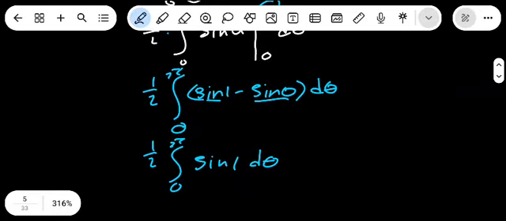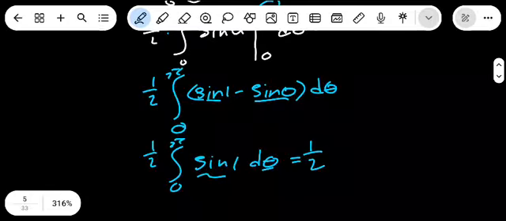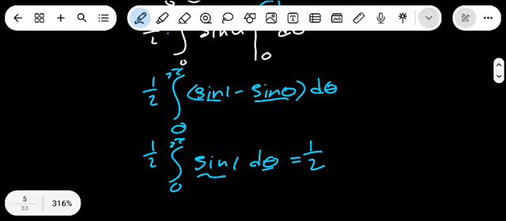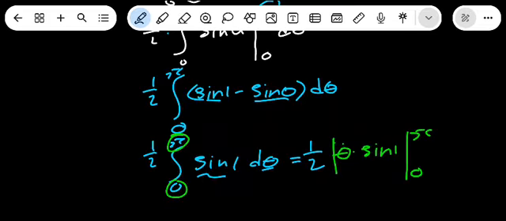So we have to integrate this. Sine 1 is simply a constant, so we have 1 over 2 times the integral of that constant multiplied by theta, which gives theta multiplied by sine 1, evaluated from 0 up to pi.